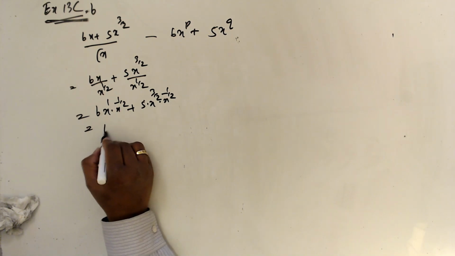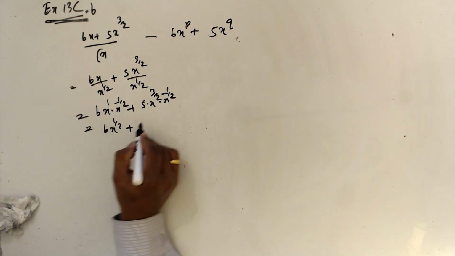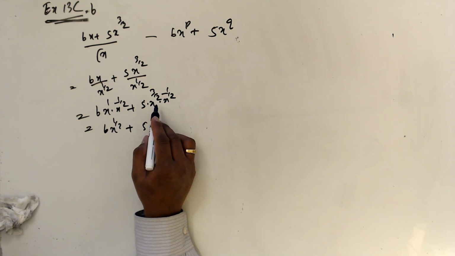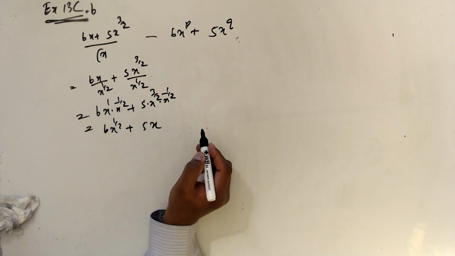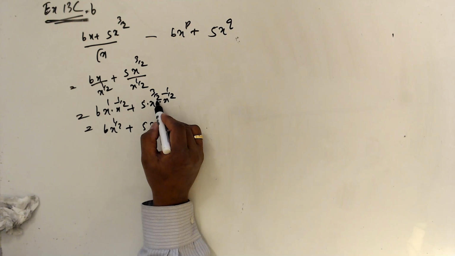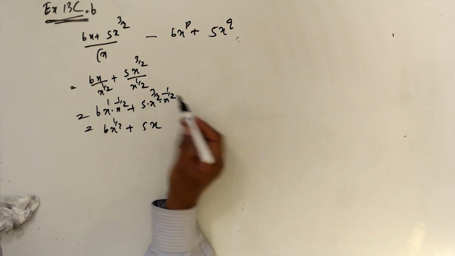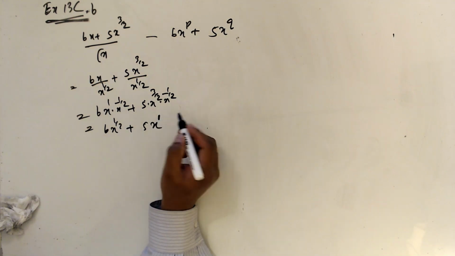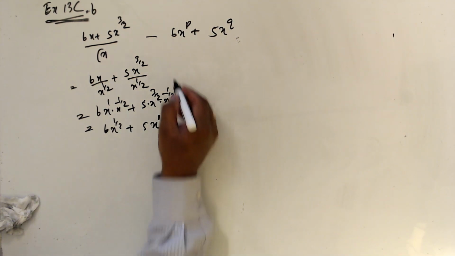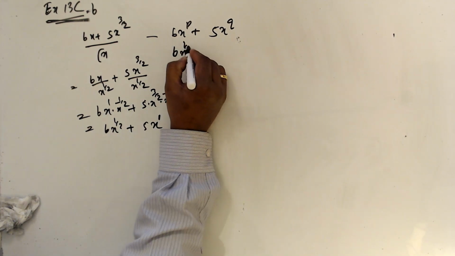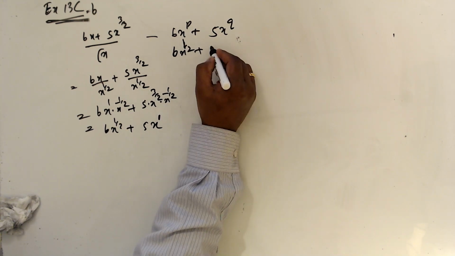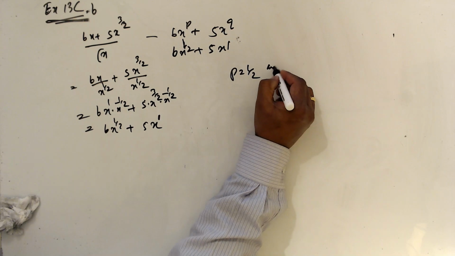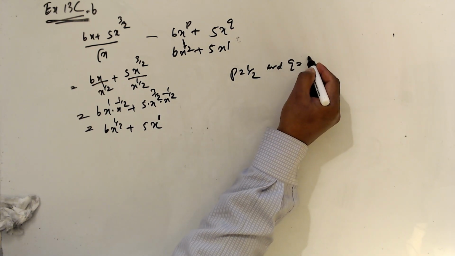So this is going to be 6x half plus 5 x. 3 over 2 minus half means 1.5 minus 0.5, it is 1. So this is 6x half plus 5x1. So p equals half and q equals 1.